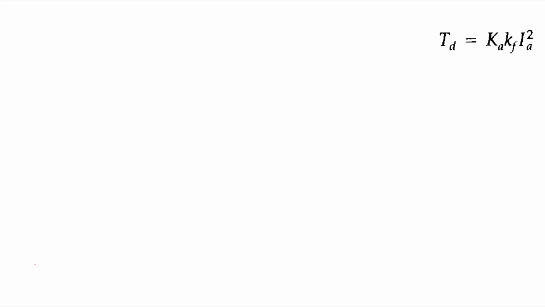Okay, so now we'll see the characteristic of the torque versus speed. Here you can see the torque equation we have already derived. The torque equation is TD equal to Ka Kf Ia square, and we know Ia equal to this from the terminal equation, Ia equal to Vs by (K Kf omega plus R).